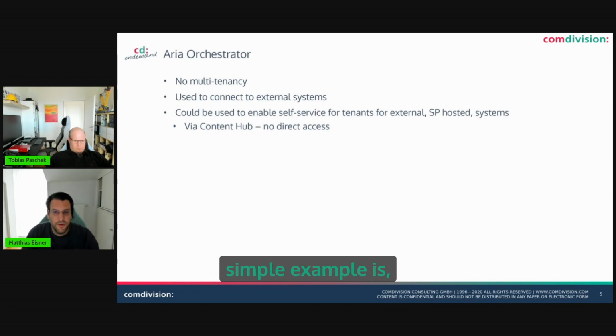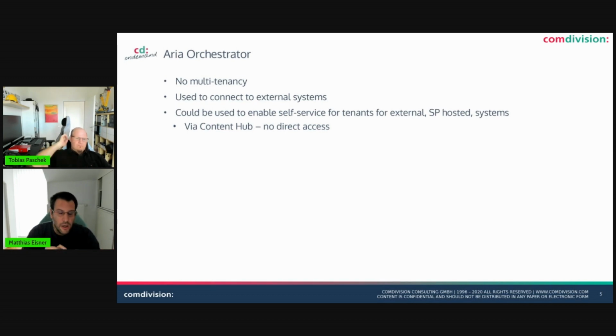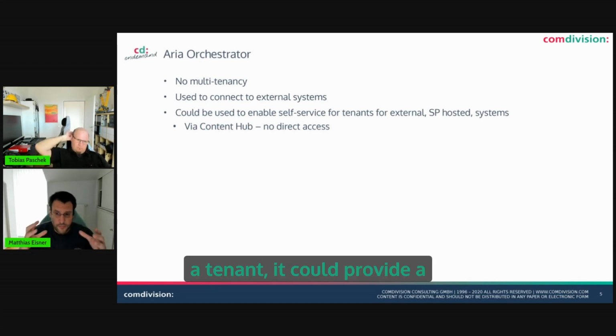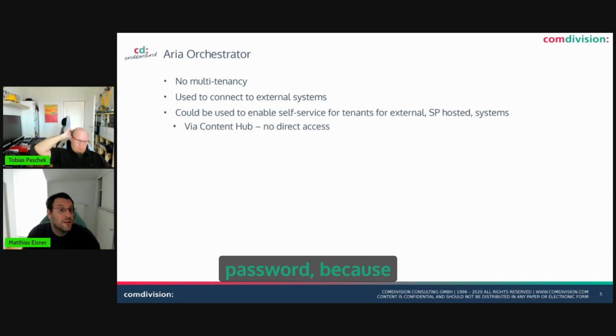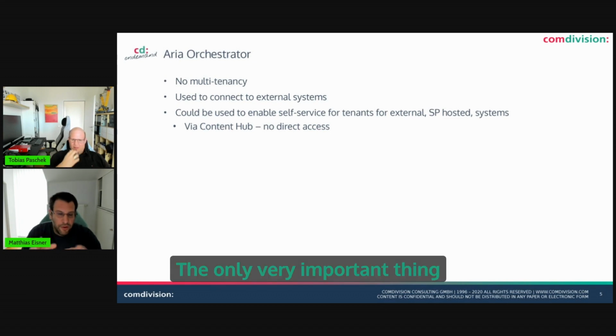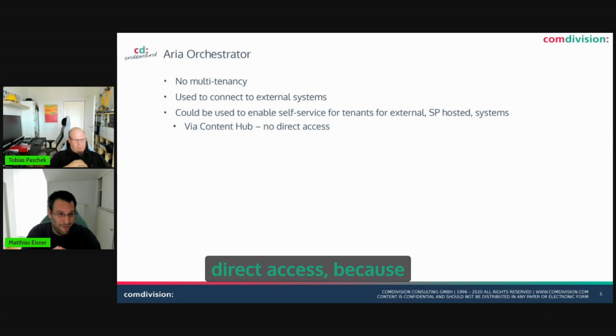I think a very simple example, if a service provider hosts a Microsoft Active Directory providing usernames and logons for tenants, it could provide a self-service like reset password, because you're not enabling access to the central Active Directory for anyone else. The only very important thing with Orchestrator is, please, if you build services around it, never ever provide direct access, because Orchestrator has administrative access into so many systems. It's very dangerous.